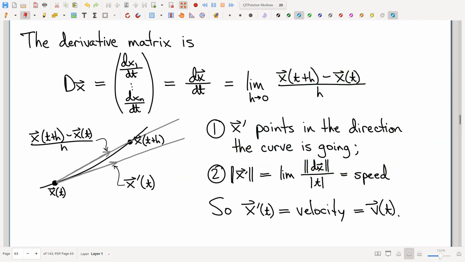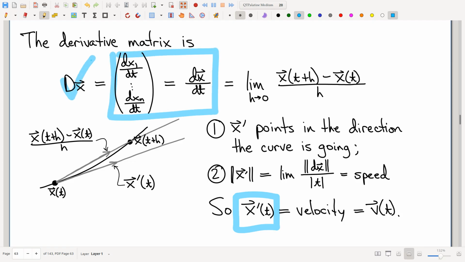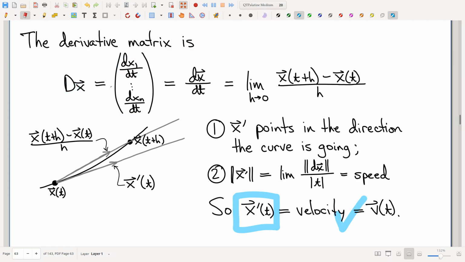So altogether, conveniently, x prime, this derivative, the column vector that is the derivative matrix, is the vector that points in the direction of motion and whose magnitude is the speed. That's exactly this old physical idea of velocity. It points in the direction you're going, and the magnitude is the speed. That's what velocity is.